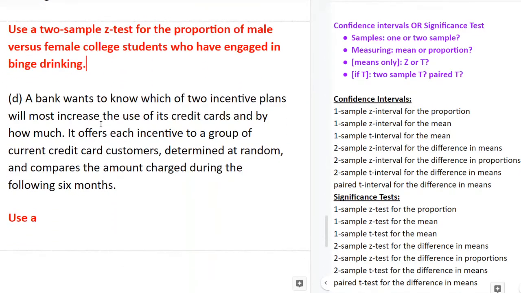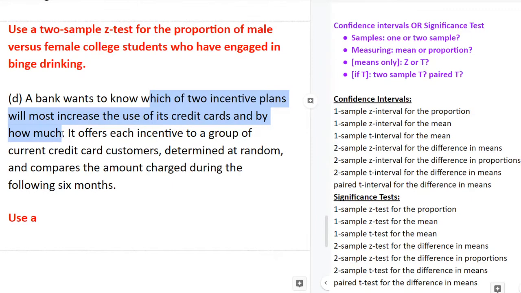And part D, you can pause. For part D, because we are looking at two different incentive plans, and you're looking for which of the two will most increase the use and by how much.